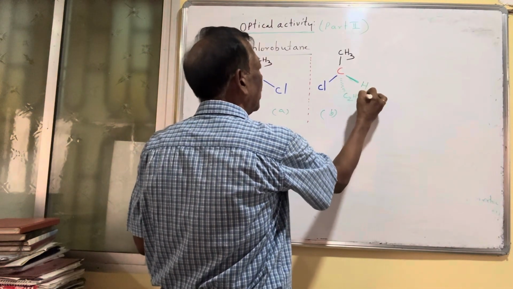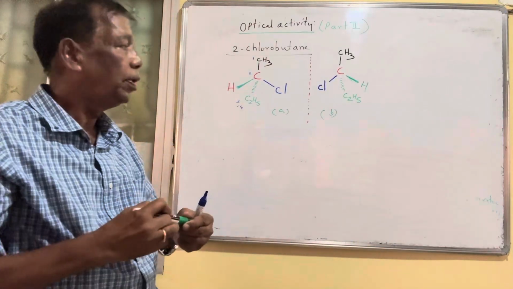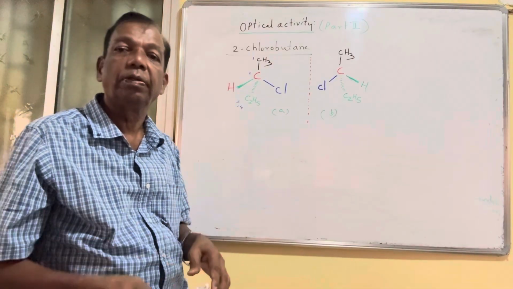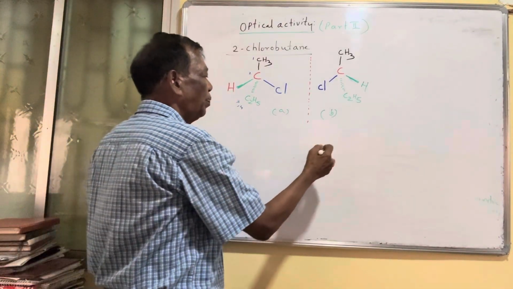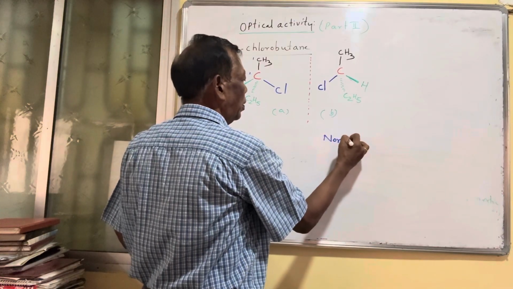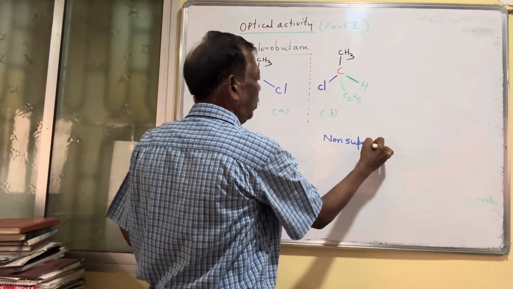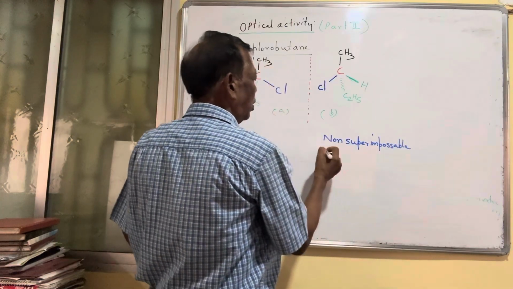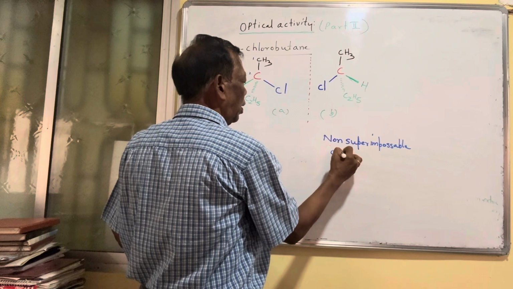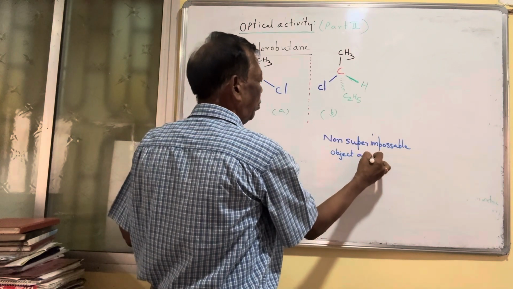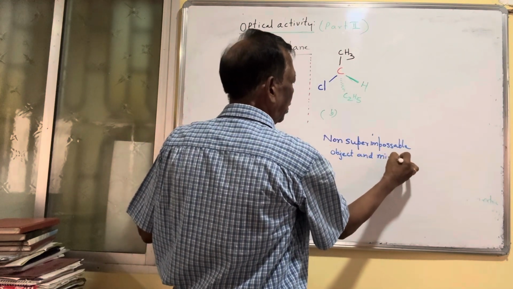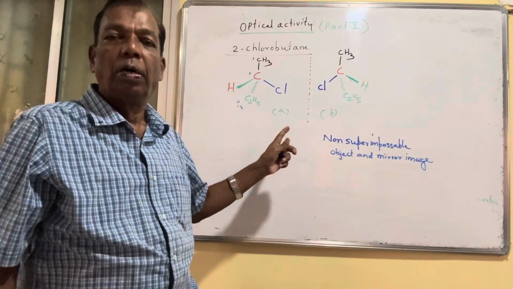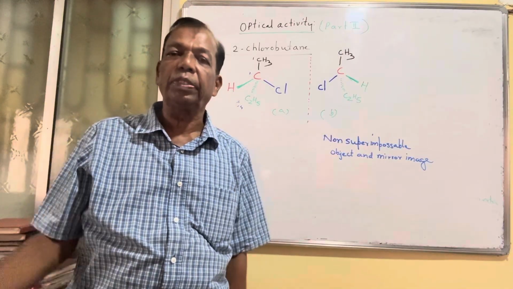Now see, this is the object and this is the mirror image. So object and mirror image are said to be non-superimposable. Or the object is non-superimposable with its mirror image.